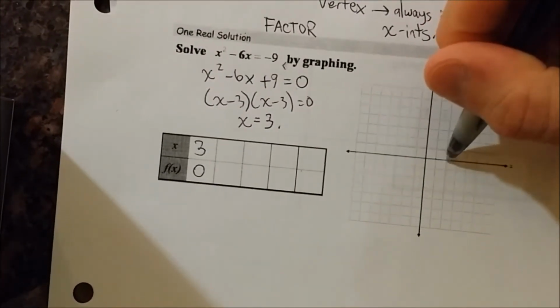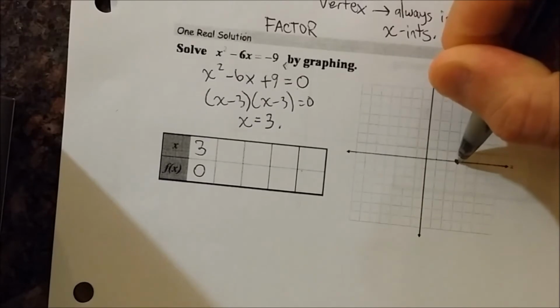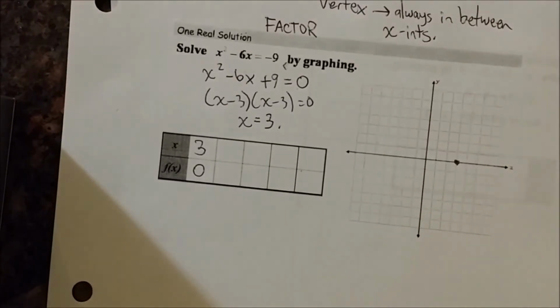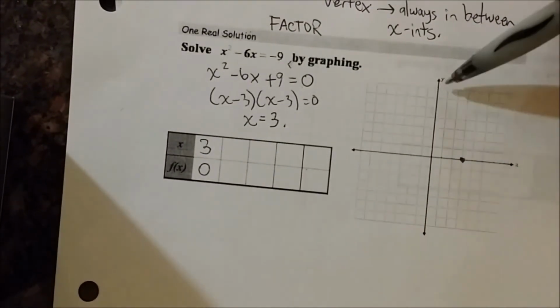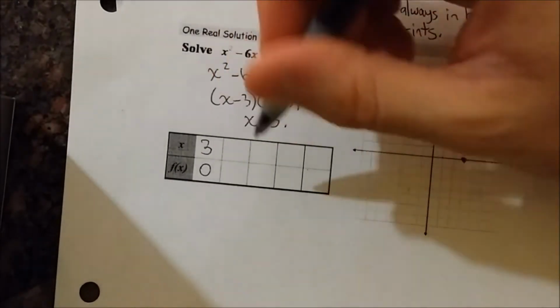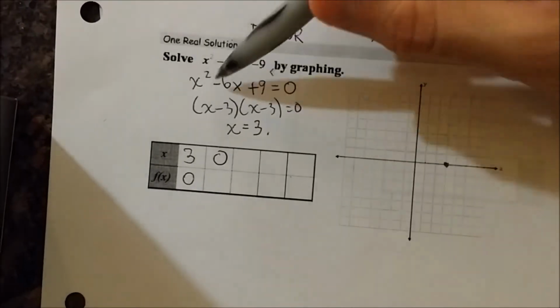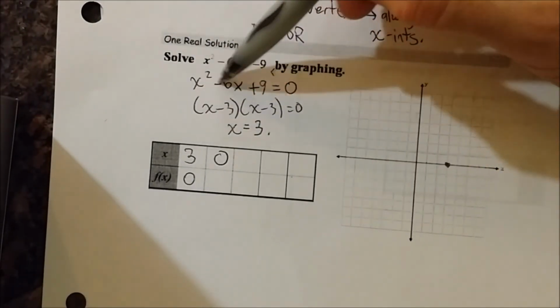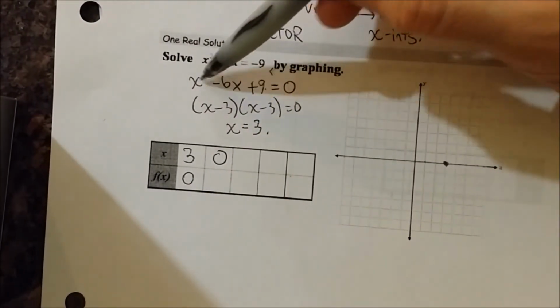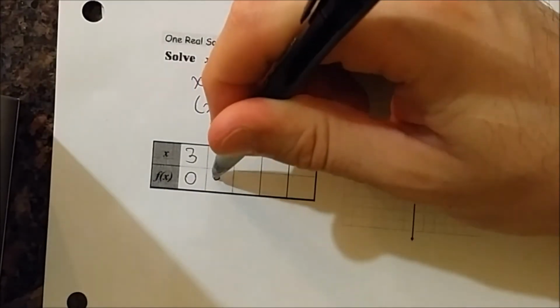So we're going to go 1, 2, 3. I'm going to need a couple more points if I'm going to graph. So I'm going to recommend let's find the y-intercept. We're going to plug in when x is 0. Going back to the equation here, it's really easy to see you're going to get y equals 9.